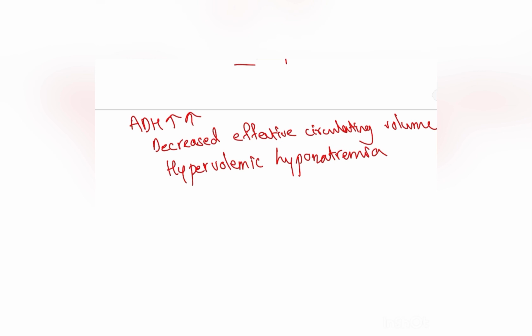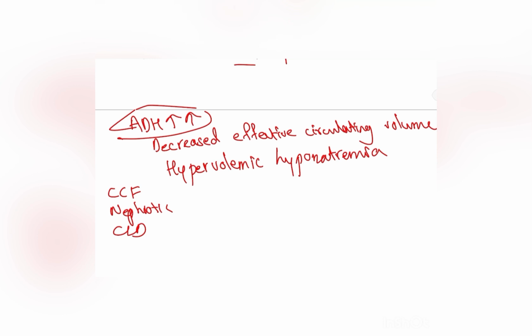The third scenario is ADH increased again, but there is decreased effective circulating volume. That means the patient has anasarca, however, the intravascular volume is low. This is seen in conditions such as congestive cardiac failure, nephrotic syndrome, or chronic liver disease.